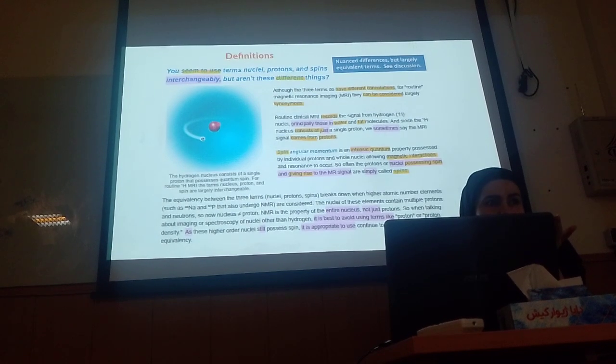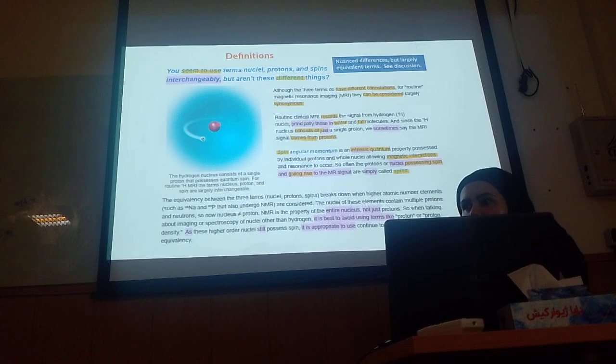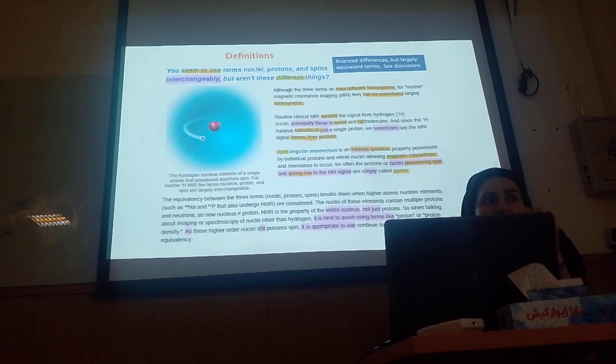But in typical clinical experiments, the captured signal is from the hydrogen nucleus, and the hydrogen nucleus consists of just one proton. So we use the terms nucleus and proton as synonyms.